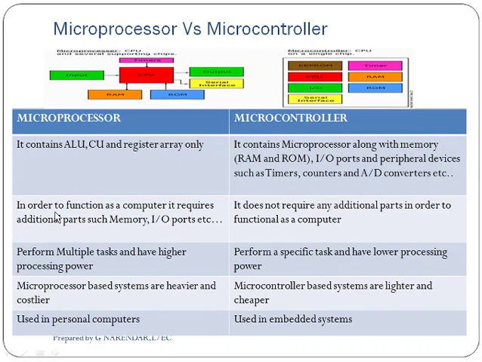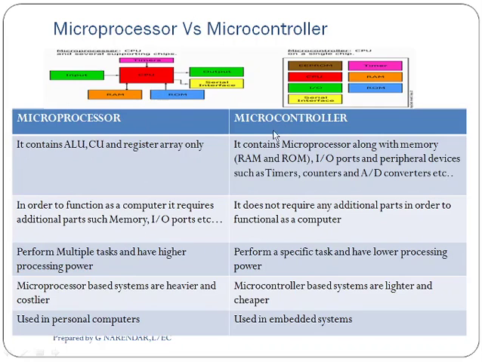Okay, the second point of comparison is that, in order to function as a full computer, the microprocessor, that means the CPU, requires a lot of other things like input, output, RAM, ROM, timers, etc. In order to function as a full computer, it requires a lot of additional parts like this.